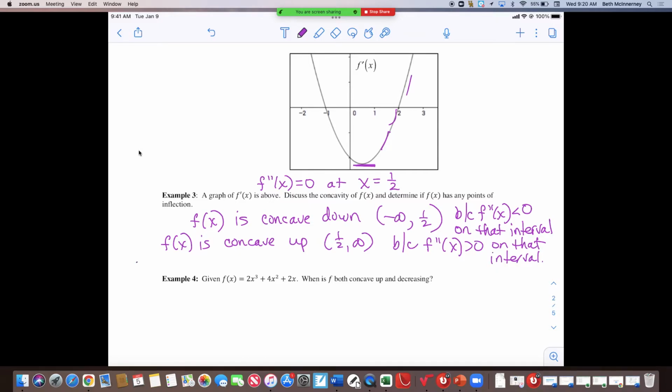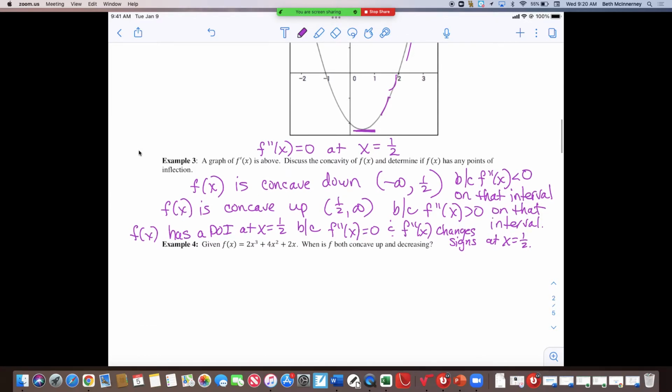So, f of x has a point of inflection at x equals 1/2 because f double prime of x equals 0 and f double prime of x changes signs at x equals 1/2. Or changes concavity, you could say.